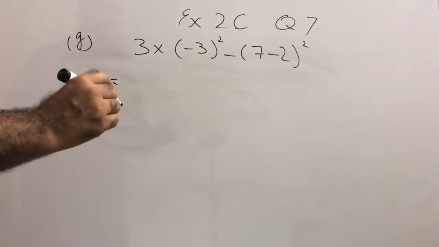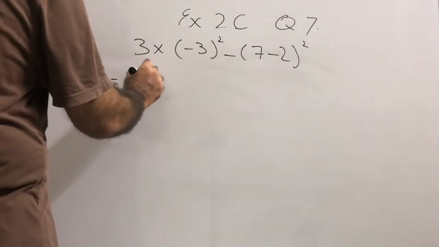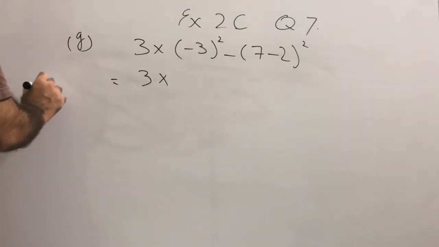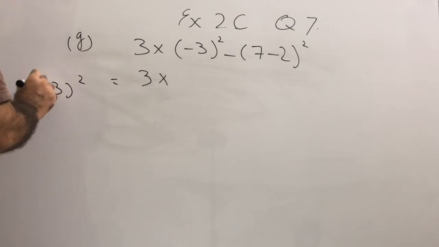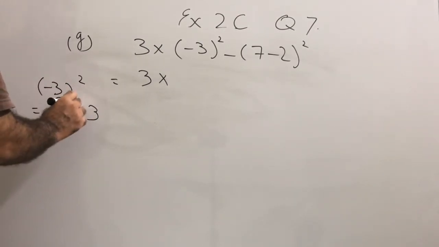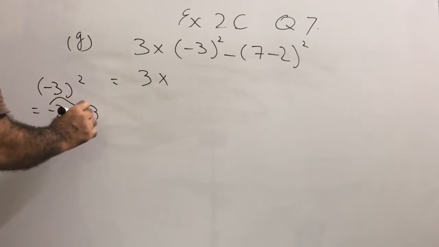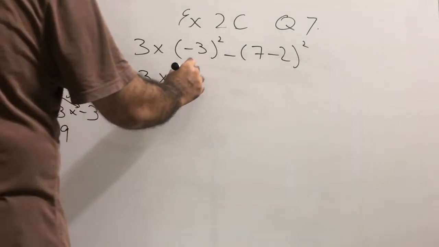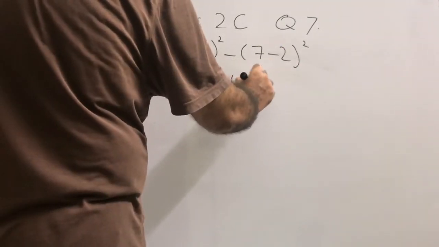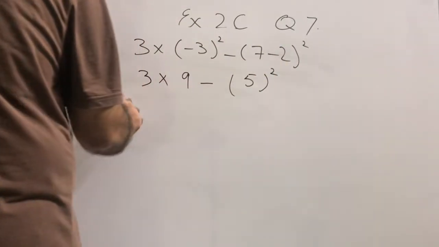First we need to solve the brackets. Minus 3 square means minus 3 multiplied by minus 3. Minus will be multiplied with the minus. It becomes plus. 3 3s are 9. It becomes 9 minus, 7 minus 2 is 5 square.